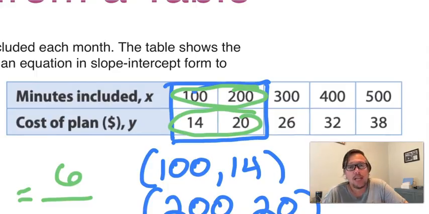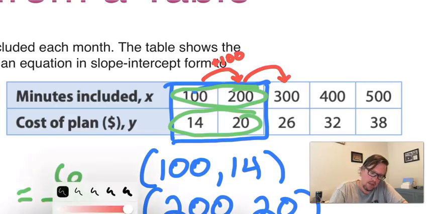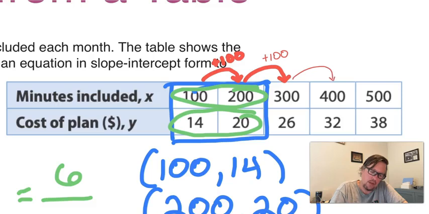And this table is really handy because all of the x's are increasing by the same amount. From 100 to 200, we go up by 100. From 200 to 300, we also go up by 100. From 300 to 400, we go up by 100.